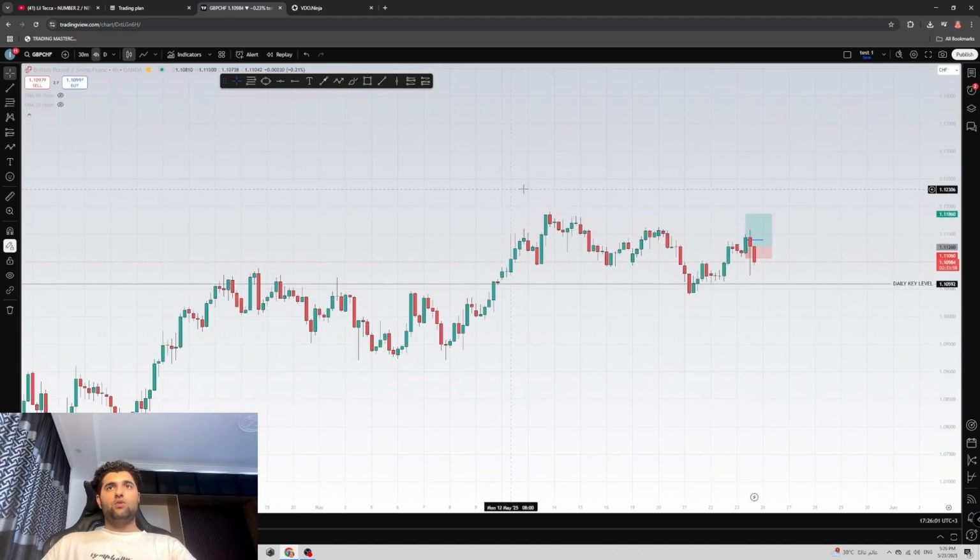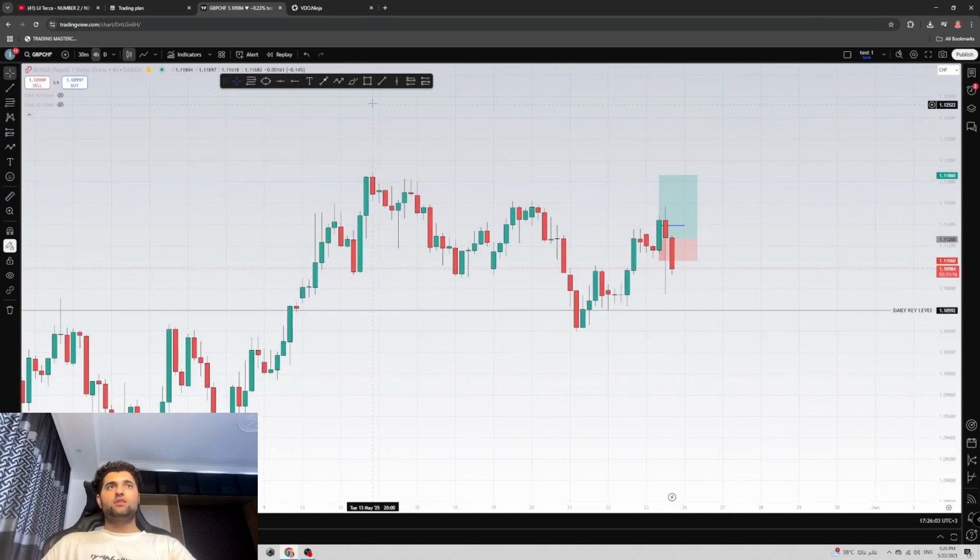Anyways, on the 4-hourly time frame, what we saw is the market was briefly trending down-ish, ranging. It was making a low, lower high, low, lower high, but failed to make a new low because we don't have enough confluences to go to the downside. It tried to push up, breaking the previous market structure, but failed to continue from here.